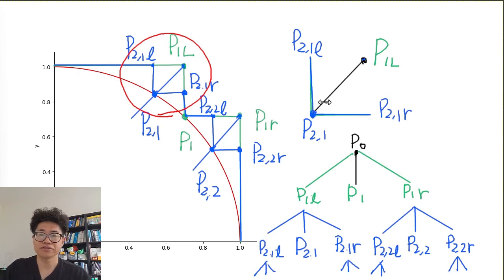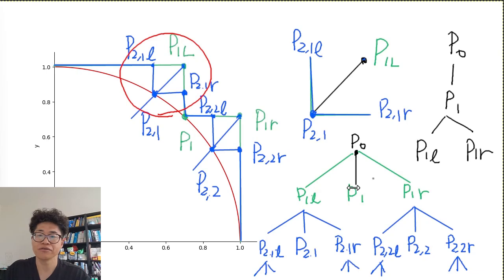However, you might notice this is not the same topology. In the creation process, from the corner point and intersection point connected to L and R. But here, from the corner point, intersection point, L and R is not connected to here. These are different topology.